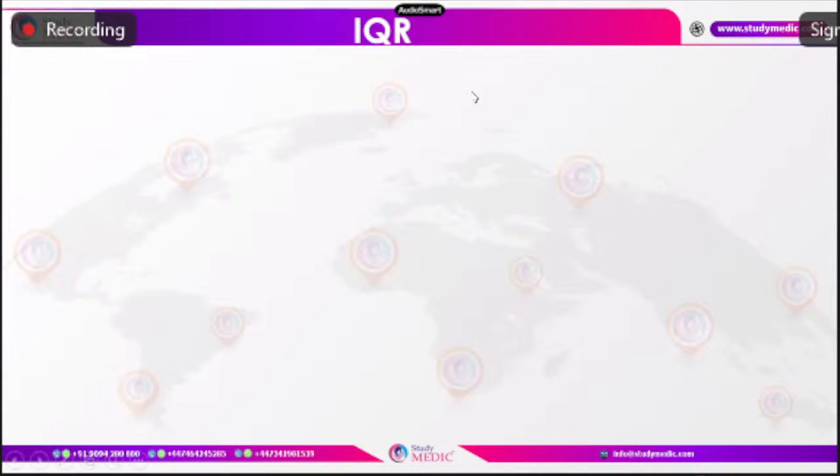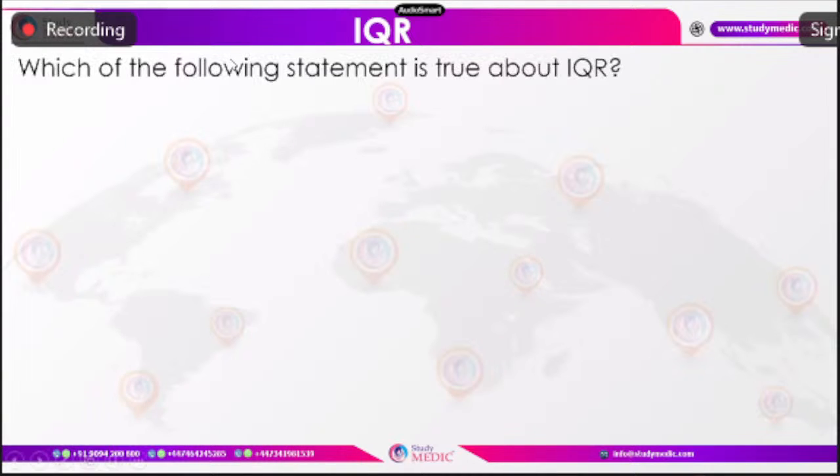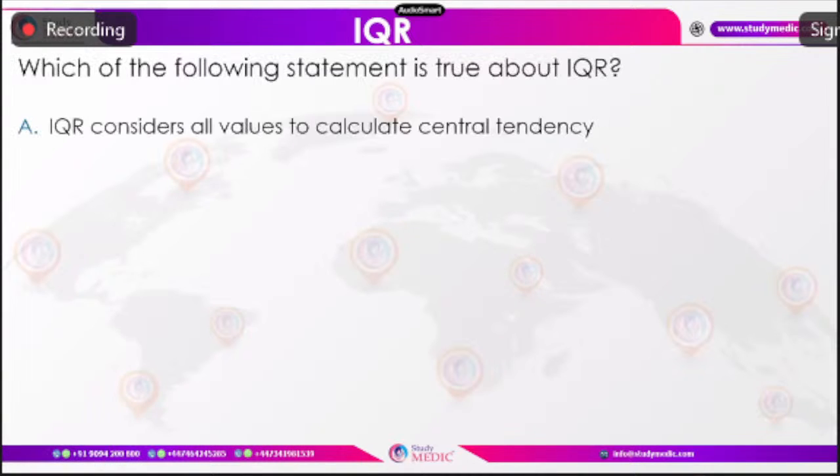Now we will see more about the interquartile range. Which of the following statements is true about it? Interquartile range considers all values to calculate the dispersion. Does it consider all values? No. It does not consider all values, unlike standard deviation.